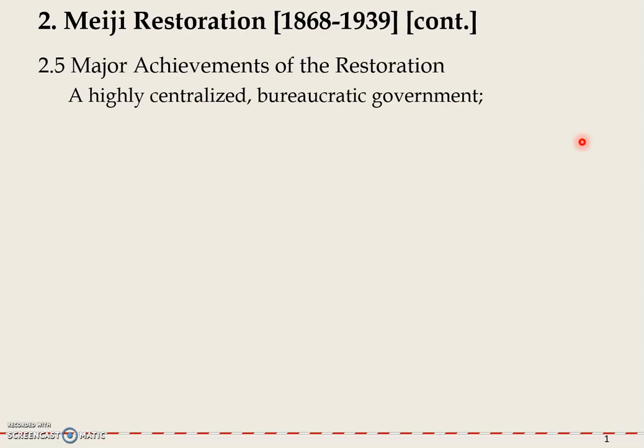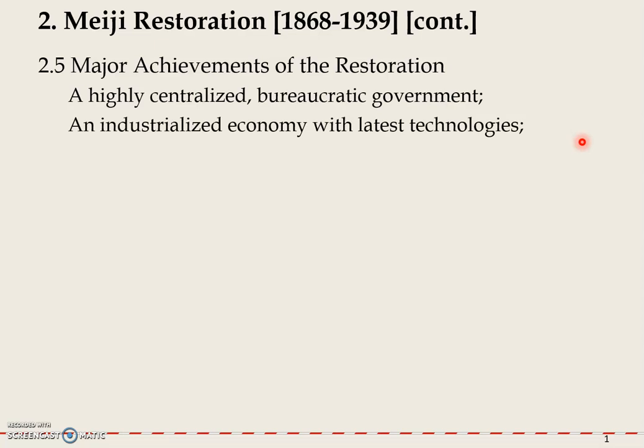In other words, compared to the last shogunate, which was weak, the Meiji government becomes stronger. It could hold the country together in terms of encountering the foreign competition. And they also had the industrialized economy with the latest technologies.